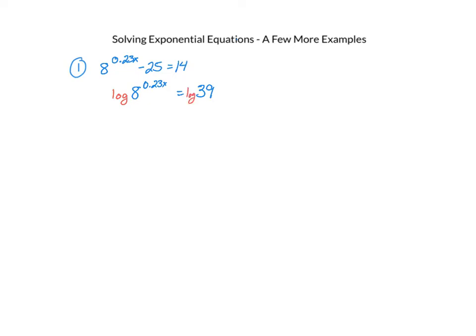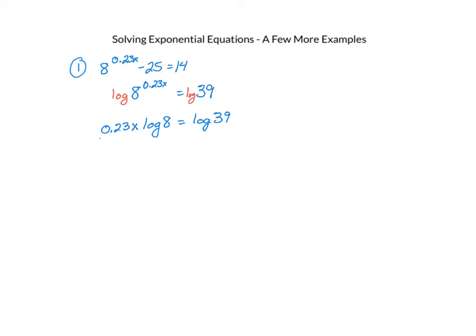And by doing that, we now can use our property that says we can bring our exponent in front. So we have 0.23x times the log of 8 equals the log of 39. Now on this one, I'm going to divide by 0.23 and by the log of 8 at the same time.